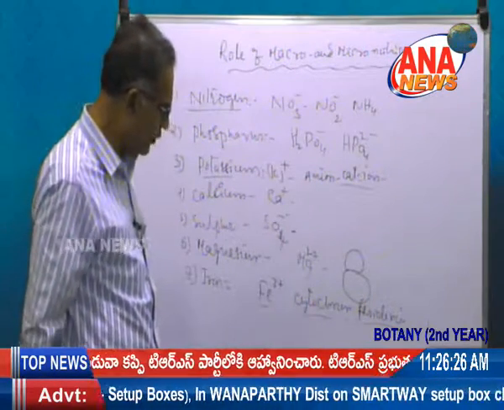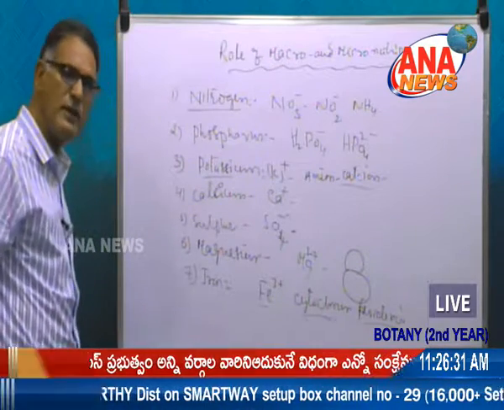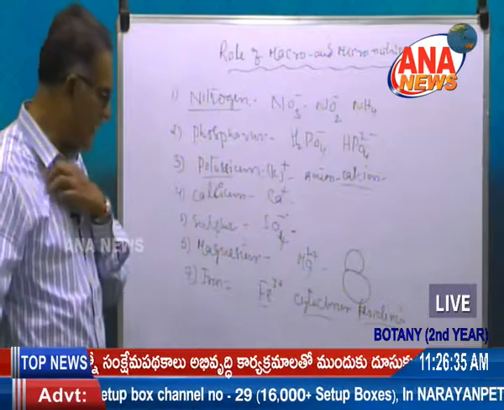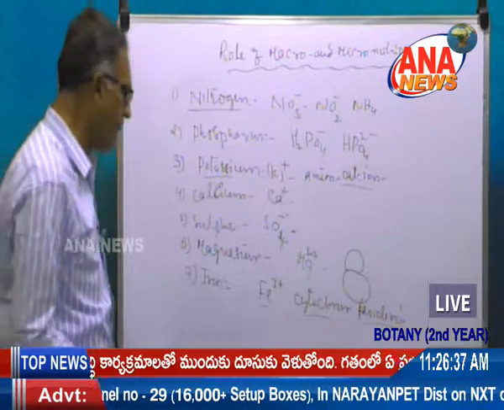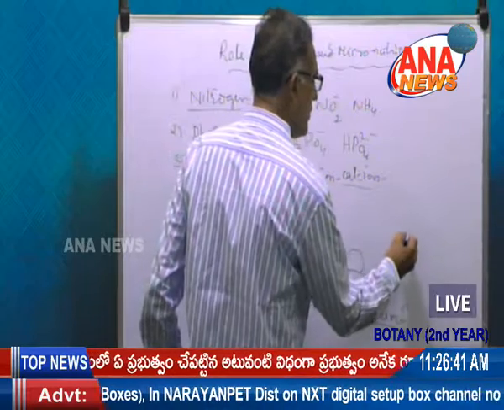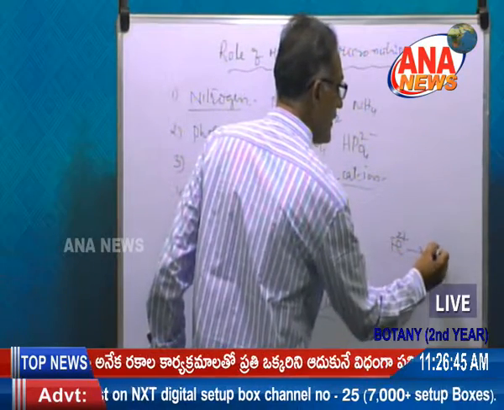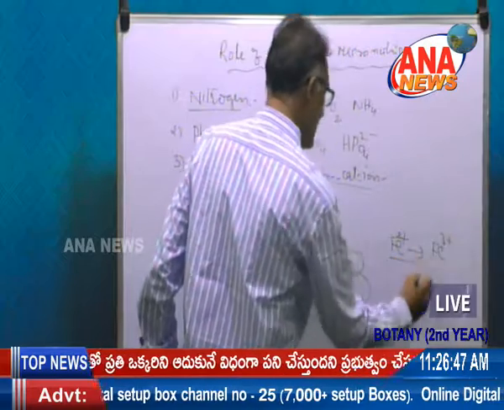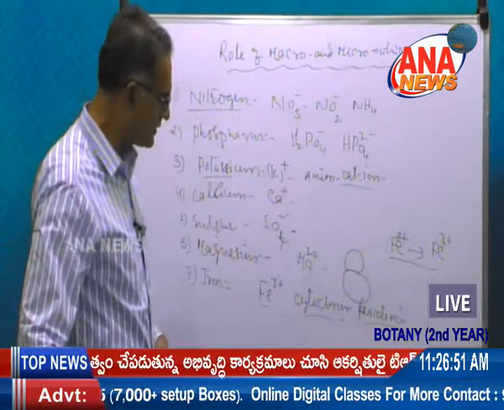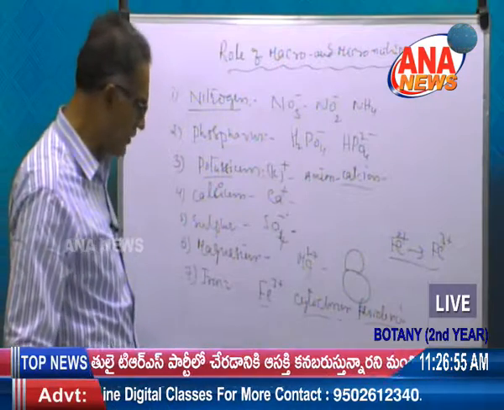It shows reversible oxidation from ferrous, Fe2 plus, to ferric, Fe3 plus, during the transport of electrons.